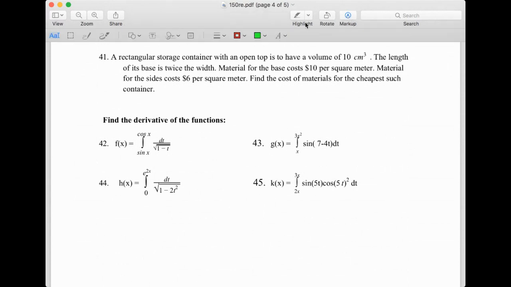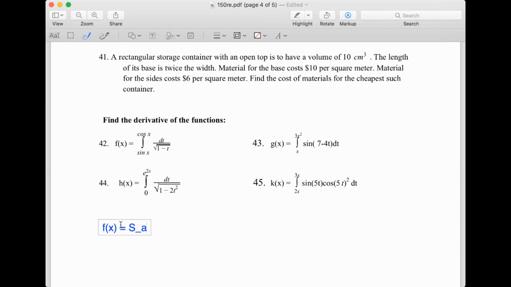Let's review the first part of the fundamental theorem of calculus. We said F of x equals, let me use a big letter S to represent the integration sign, right? Then the lower limit is a constant number.